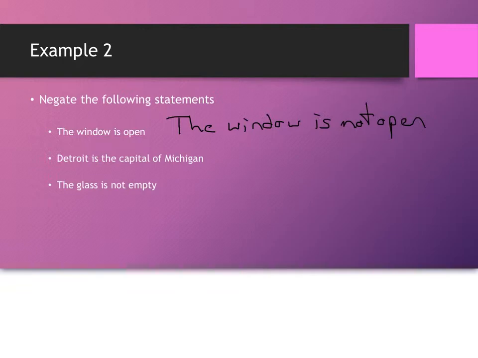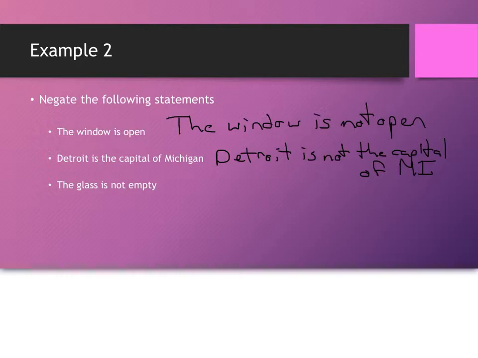Now, some people get this wrong. Oftentimes, people will say phrases like, well, Lansing is the capital of Michigan.